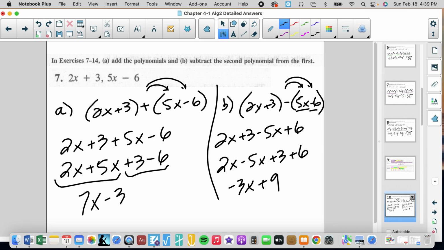How do I know chapter 4? There's chapter 4. Let's get the old scissors out so we can perforate it nicely so we can scan it later, as they say. That was number 7. So 7x minus 3 and negative 3x plus 9.